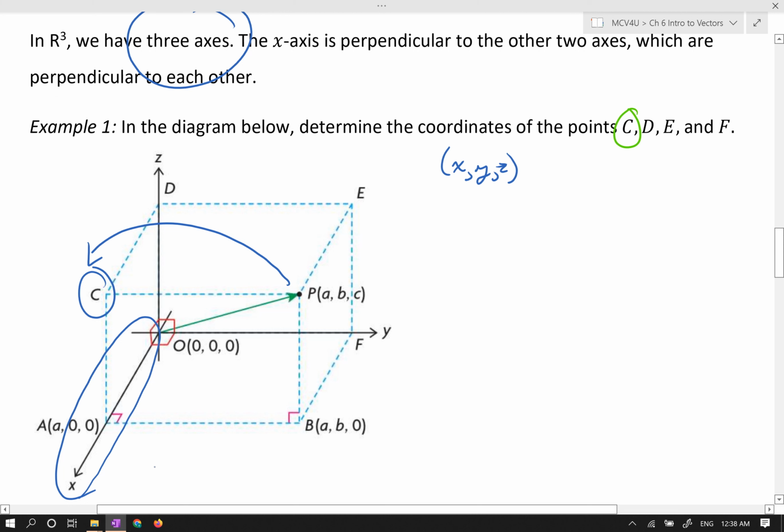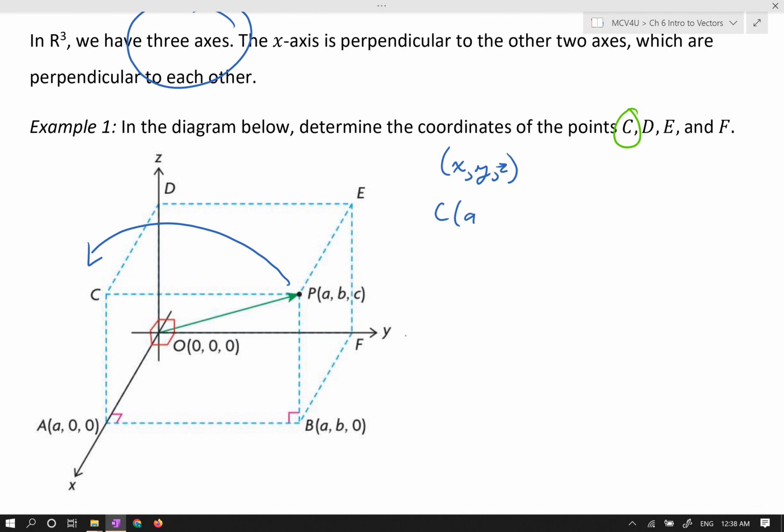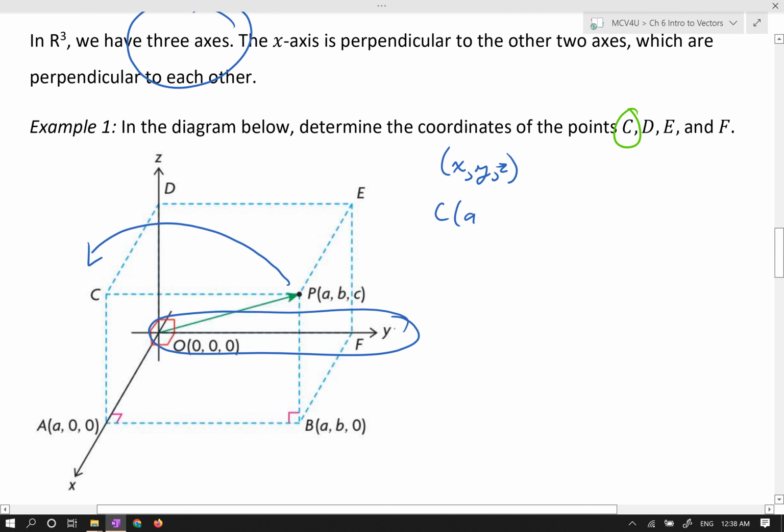Well, I notice here that it shares the same x-coordinate as point P. So I'm working here, and my point C is given by the same x-coordinate, so that is A. And then I look and I say, okay, what about my y-coordinate? Well, my y-coordinate is my distance to the right of what we call the xz plane right here.